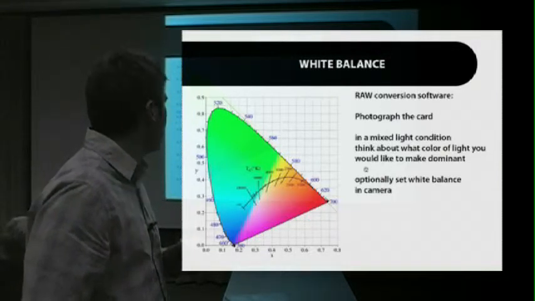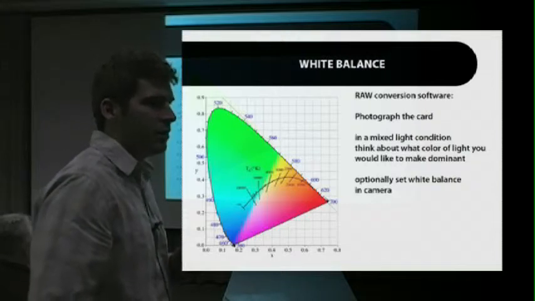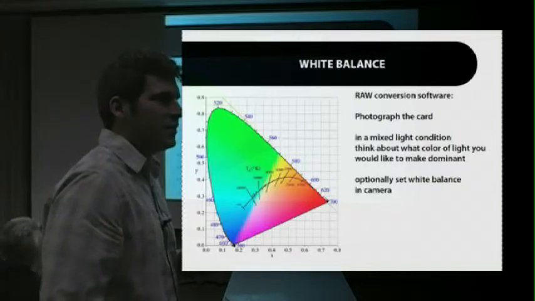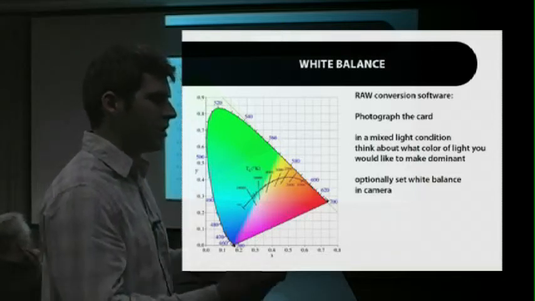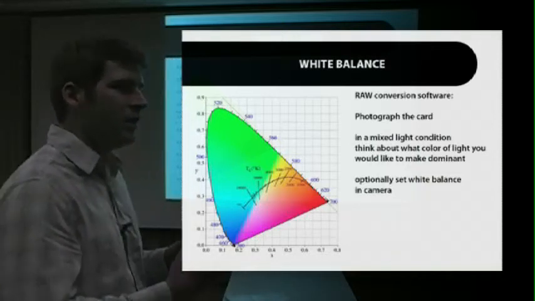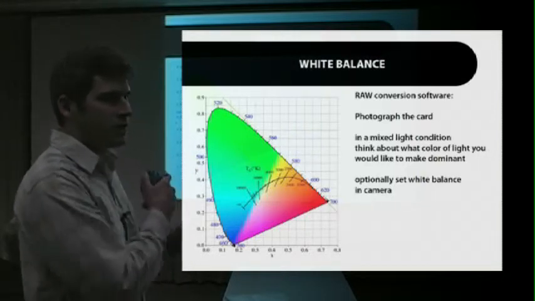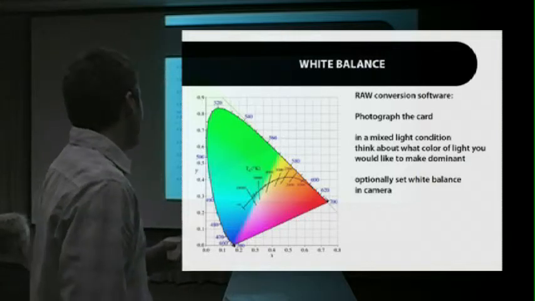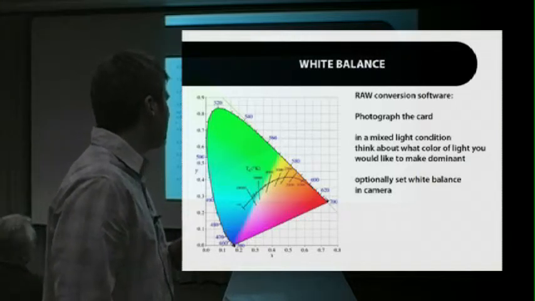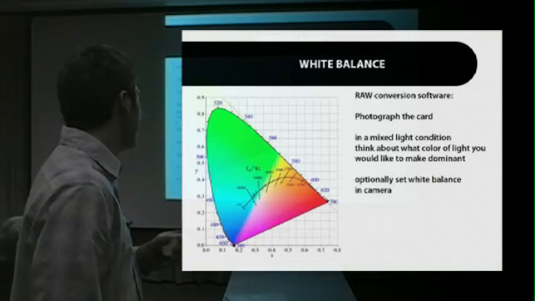So you can tell it, I'm going to set it to 6,000, but I'd like you to bracket for me a picture that's a little more green and a little more magenta, and when I get back, I can decide. So if you are shooting just JPEGs, you've got that option of bracketing the color temperature, just like it brackets exposure. Again, I didn't even know that was there. And I'm sure not a lot of cameras would have that, but it appears that the EOS professional line does.